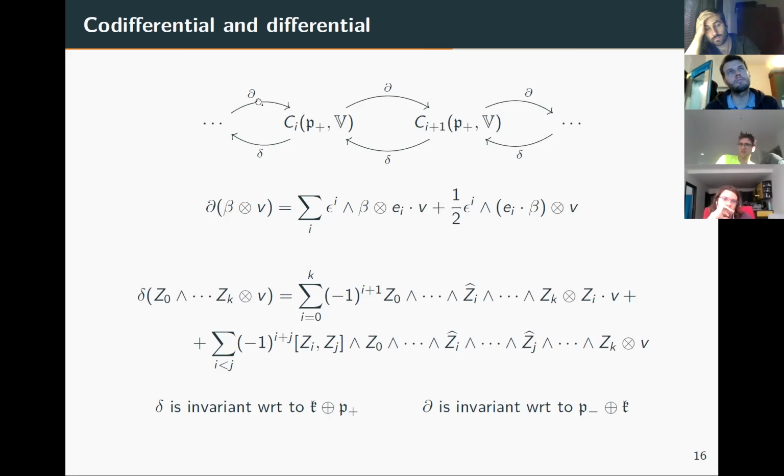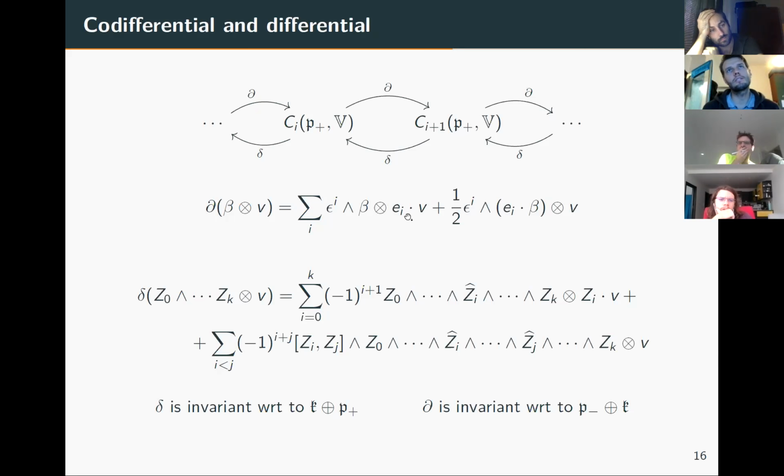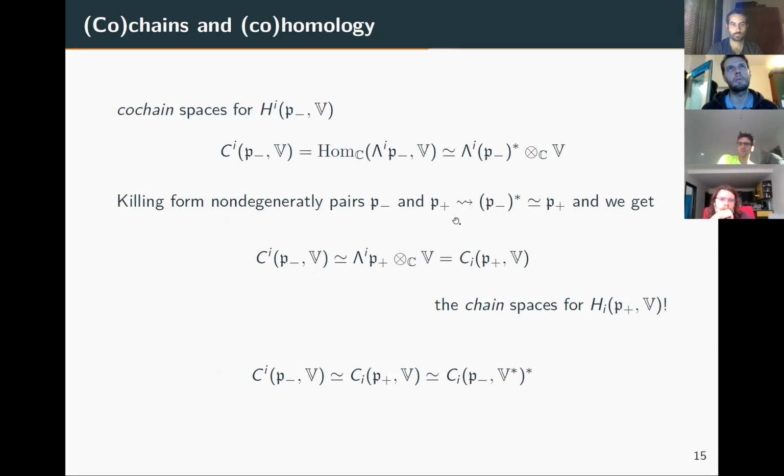So these are the formulas. This partial for the cohomology, in coordinates it looks like this, but this is maybe not so familiar because it acts on these wedges of P plus. On the space of homomorphisms, it really behaves like the classical de Rham differential, just instead of forms, you take everything over a point.